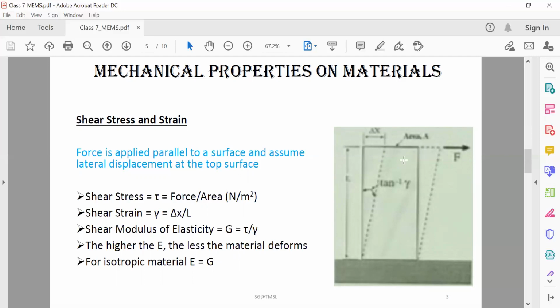Now this is the lower part which is fixed, and on the upper part of this body we have applied force in this direction, parallel to this surface. Okay, so what happened, the top plane is deformed and the bottom is fixed. Initially it was in this shape. Later on, if you apply force at the top of this surface, it bends in this direction.